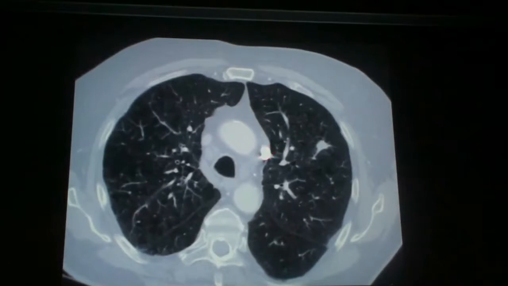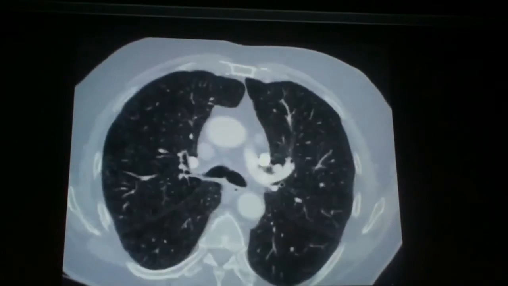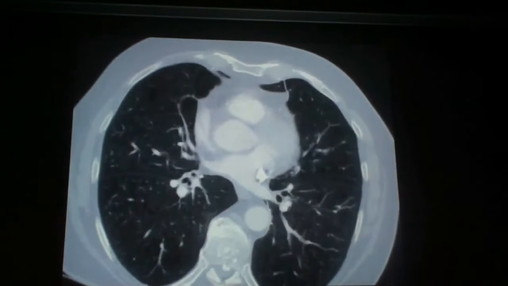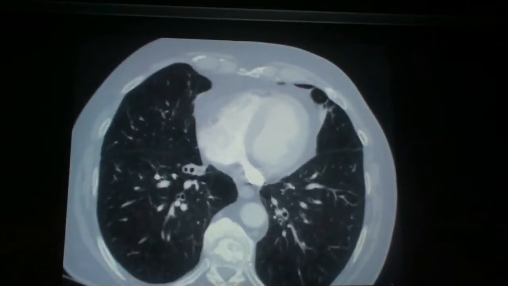It's perfect. You can see that this vein is not an anomalous pulmonary venous return. You can see that there is no left brachiocephalic vein, and this vein finally reaches the right atrium by joining the coronary sinus here.